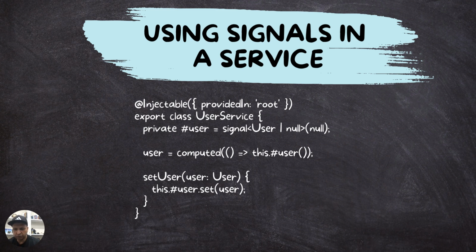Again, no need to emit, no pipe, no subscriptions. And this kind of pattern works beautifully in real world applications. You can imagine this being used in a nav bar to show the logged in user's name or conditionally showing a logout button.